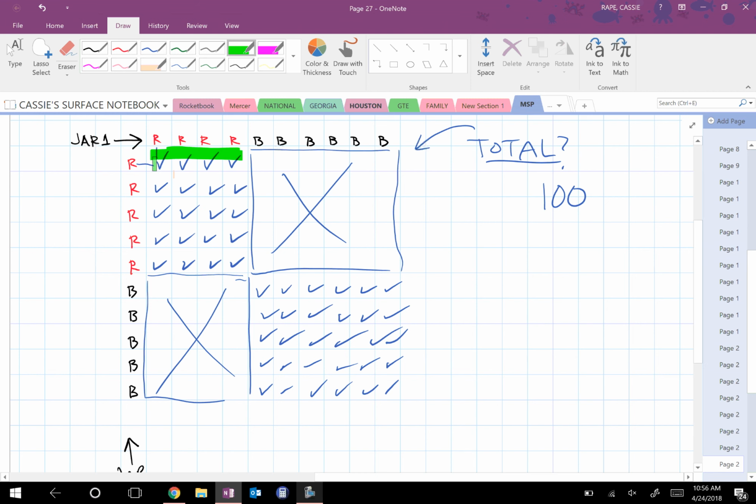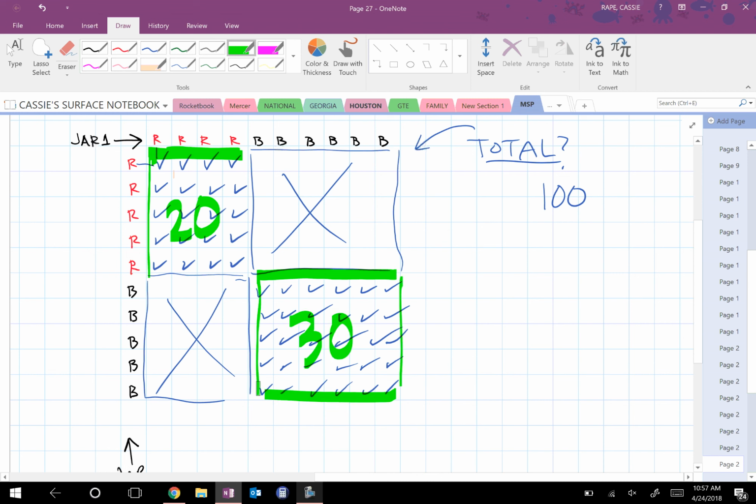And this is an area that is 6 times 5, which is 30. There are 30 checks. That means that they have the same color in that area. So there are exactly 50 ways to have the same color when you're pulling from the 2 jars out of 100 things that could happen, and 50 out of 100 is 1/2. So that's a way to do it with a sample space.